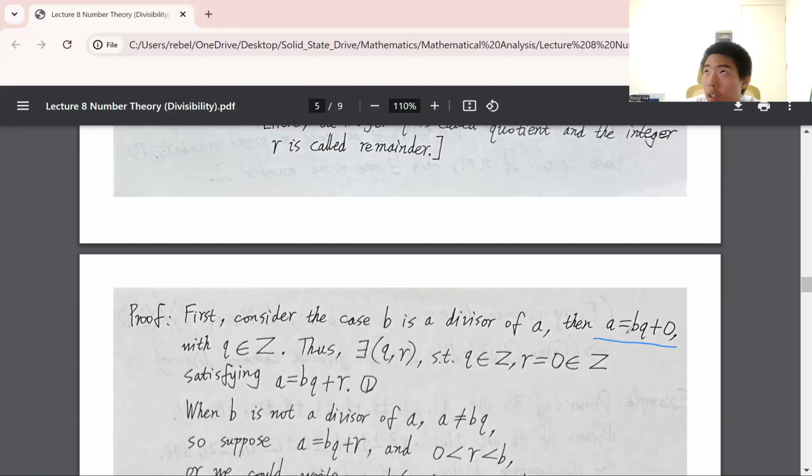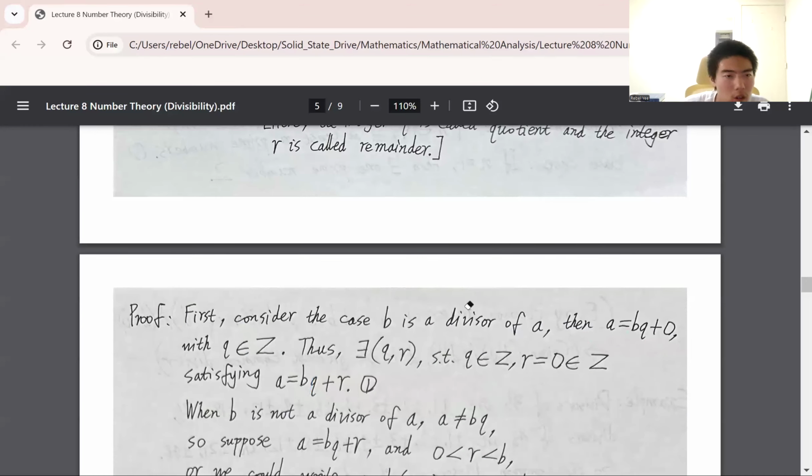This is by the fact that 0 is the additive identity element, and A equal to BQ is by the definition of divisibility. Then we can just define R as 0 here. So we satisfy A is equal to BQ plus R, and Q and R are found, right?